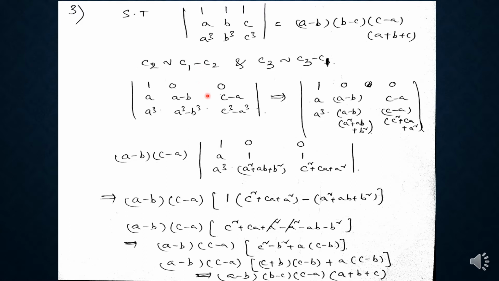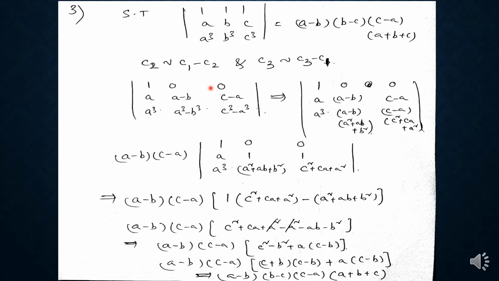So if any determinant has three ones in a row or column, then by using row operations or column operations, make two ones as zeros, so that we can expand the determinant by using Laplace expansion in the easiest method. In the previous problems also we did some problems with ones. In this problem we have ones in the first row, so we have to make column operations.